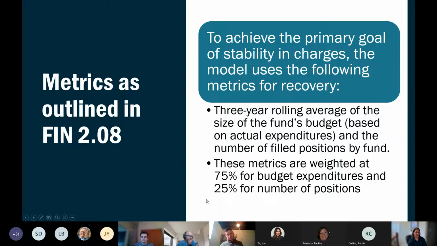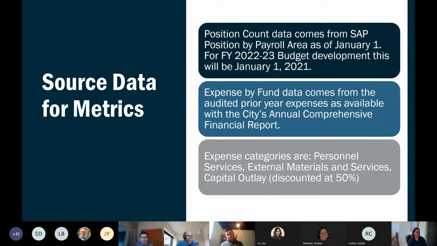These metrics are weighted 75% around budget expenditures and 25% for positions. For source data, the position count for the position-allocated metrics comes from SAP payroll as of January 1st. So for FY 22-23 budget development, this was January 1st, 2021 filled positions in SAP.